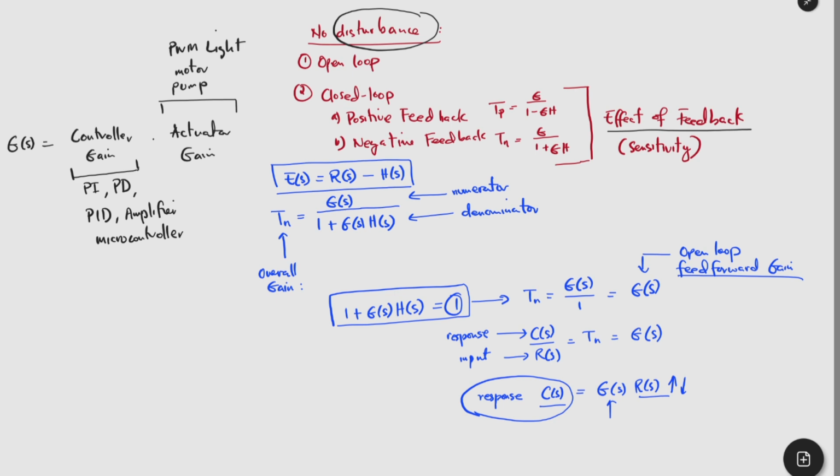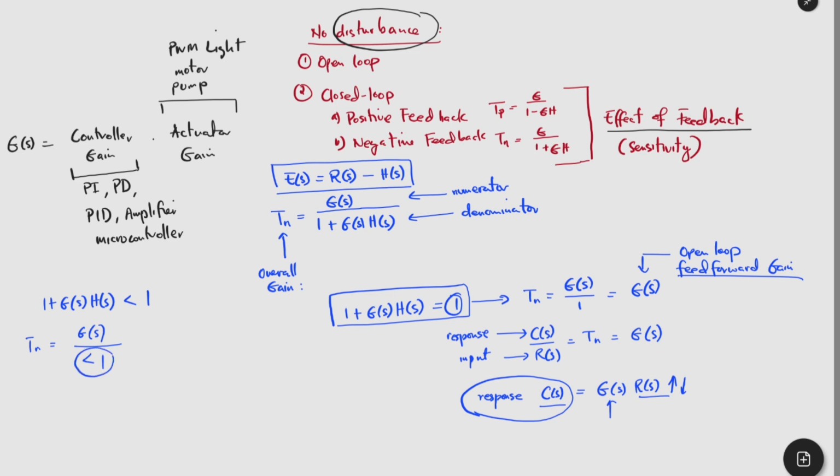Now what will happen if the denominator 1 plus G(s)H(s) is less than 1? We can see that the transfer function T(n) equals G(s) divided by a value that is less than 1.